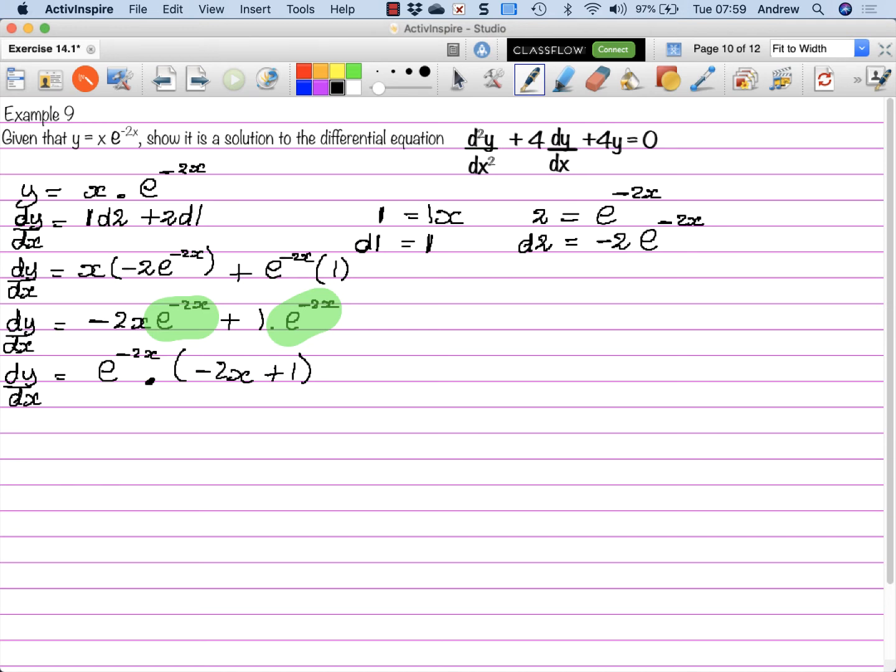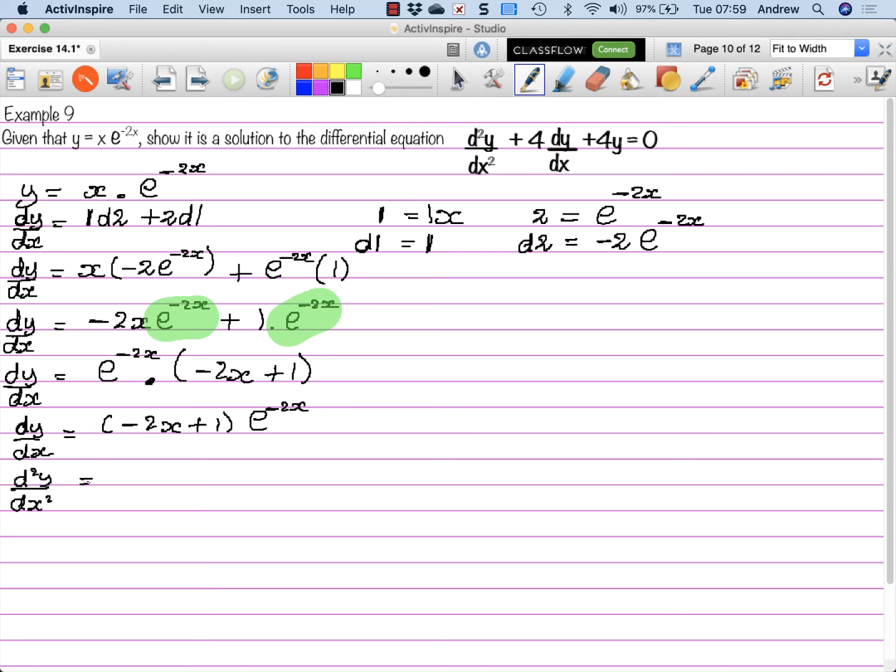What I am going to do, because I prefer to have the e to the minus 2x second, and again, this is a trick, is swap these around, so it's minus 2x plus 1 times e to the minus 2x. When I differentiate this for the second time, I'm going to have d2y/dx squared.